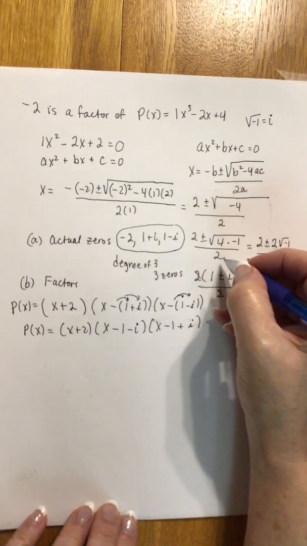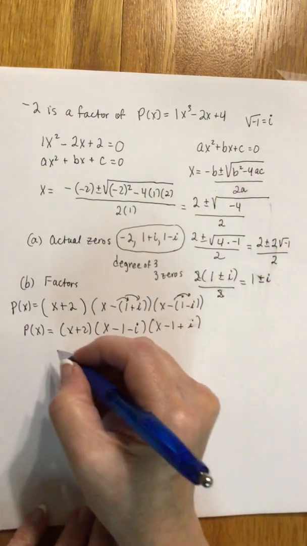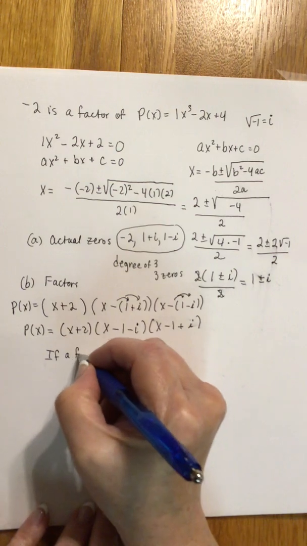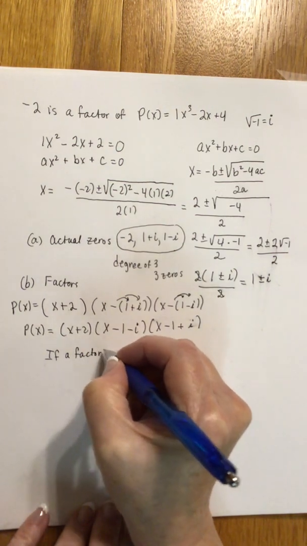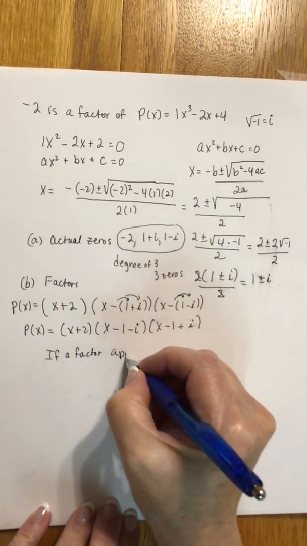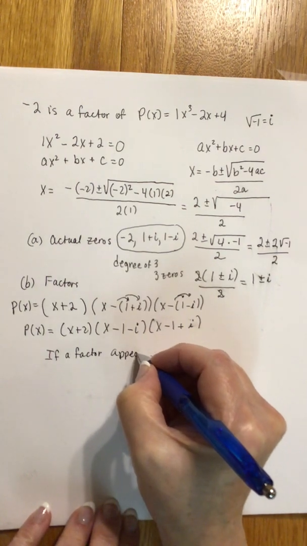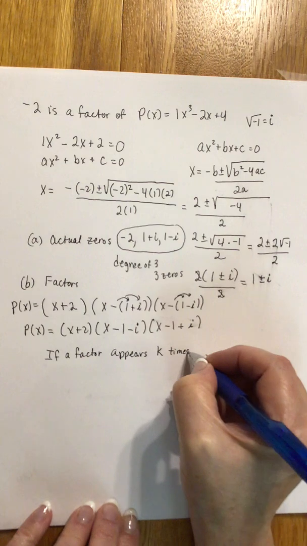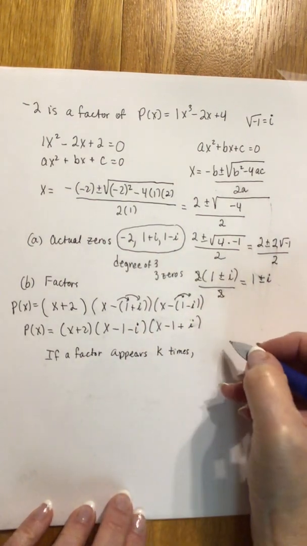Now, if one of the zeros occurs more than one time, so if a factor appears k times, now that could be any number, right? K is just a variable to place value.